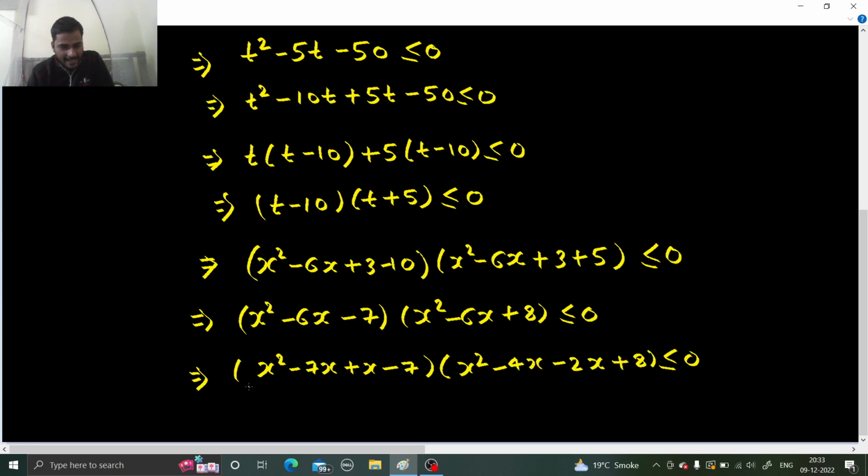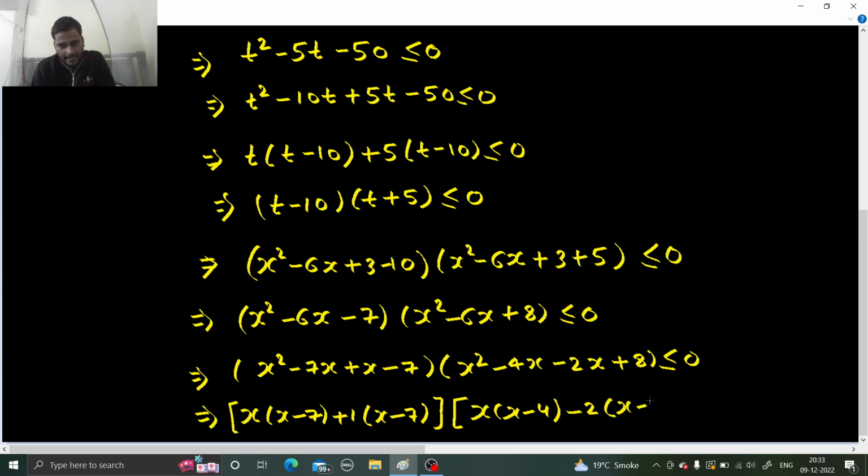So if I take x common, you will get x minus 7, and if you take 1 common, I will get x minus 7. And here if I take x common, I will get x minus 4, minus 2 common, I will get x minus 4.